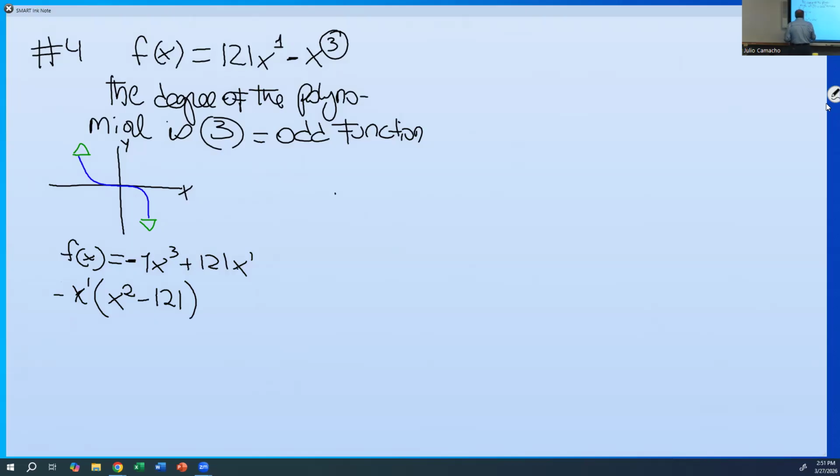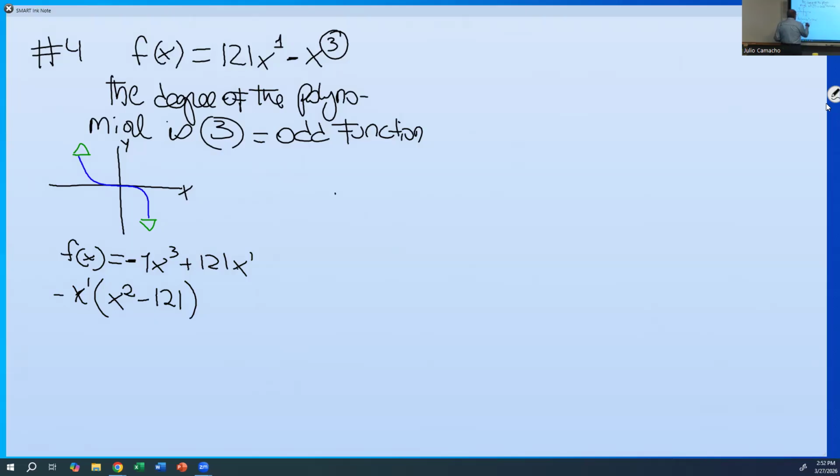We cannot stop there because what we have inside of the parentheses, you can remember when we were doing factorization, that is a special product. Inside the parentheses, we have a difference of two squares because you can take the square root of x squared and you can take the square root of 121.